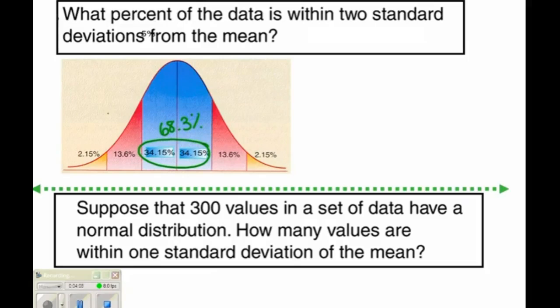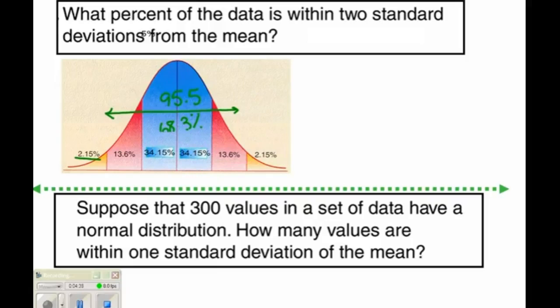If I went 2 standard deviations above or below the mean, I would be at 97.5% of the data. Oh, 95.5. I think that's what I said. And then if I added all of these values together, 3 standard deviations above or below the mean, that's that 99.7% of the data that we were just looking at on that other chart, okay?